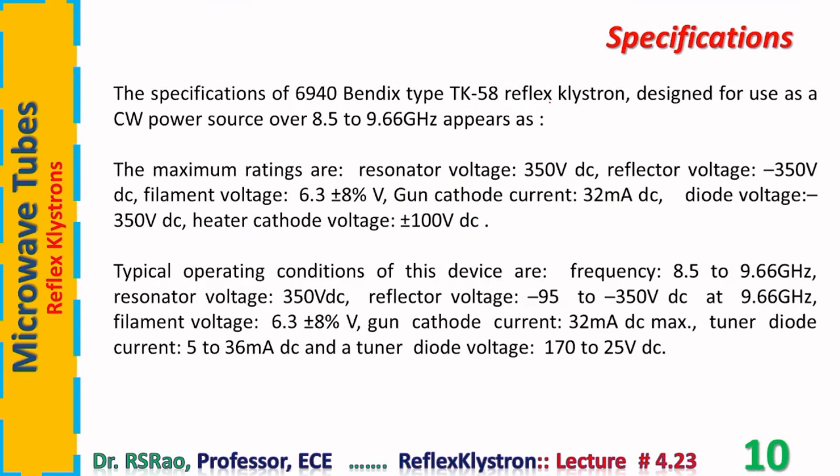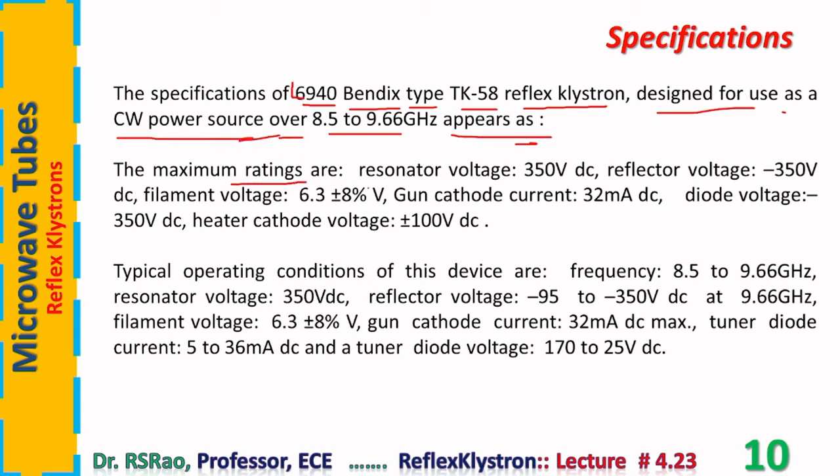Here, specifications of a commonly found reflex klystron are given. The specifications of 6940 Bendix type TK58 reflex klystron, designed for use as continuous wave power source over 8.5 to 9.66 GHz. These are specifications of Bendix reflex klystron.